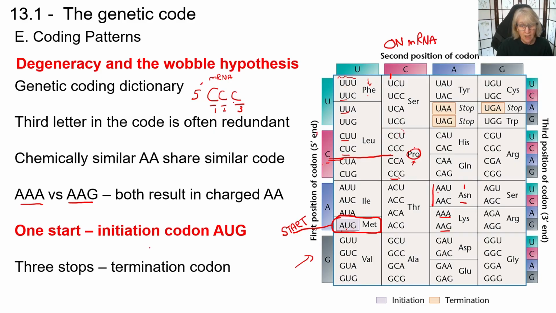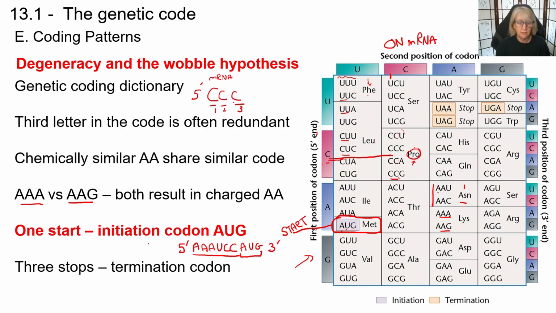That means that as I stick my 5' end into the ribosome, it could be U, C, C, A, U, G. It will read through this, but the ribosome will not start the translation process until I read A, U, G.